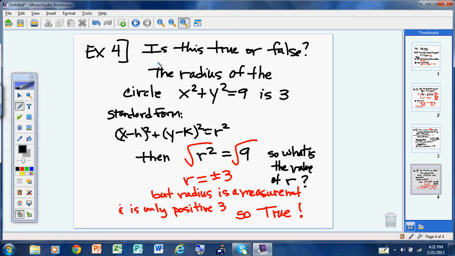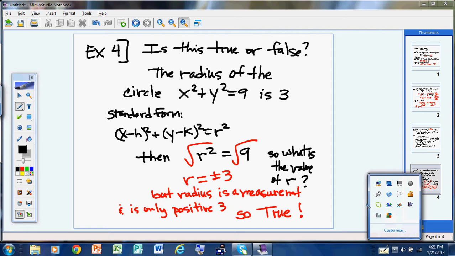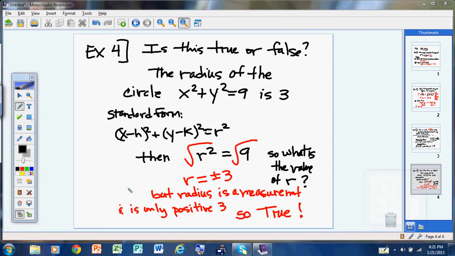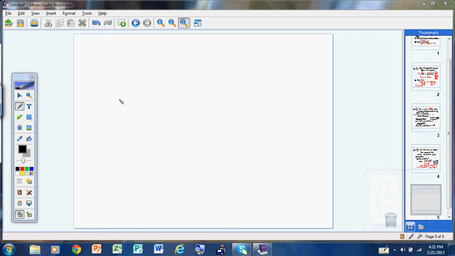Okay, let's go to the next page then, and let's look at the second example. Okay, let's look at example number 5.